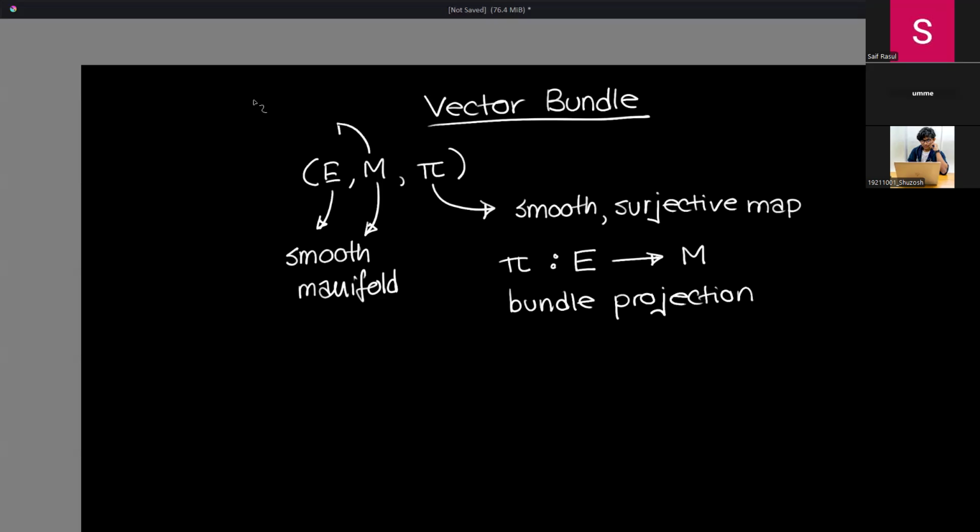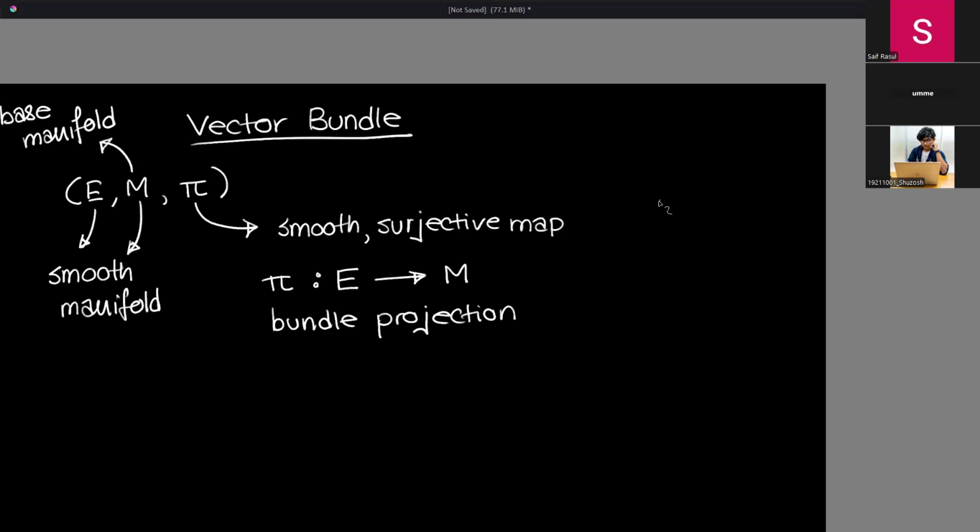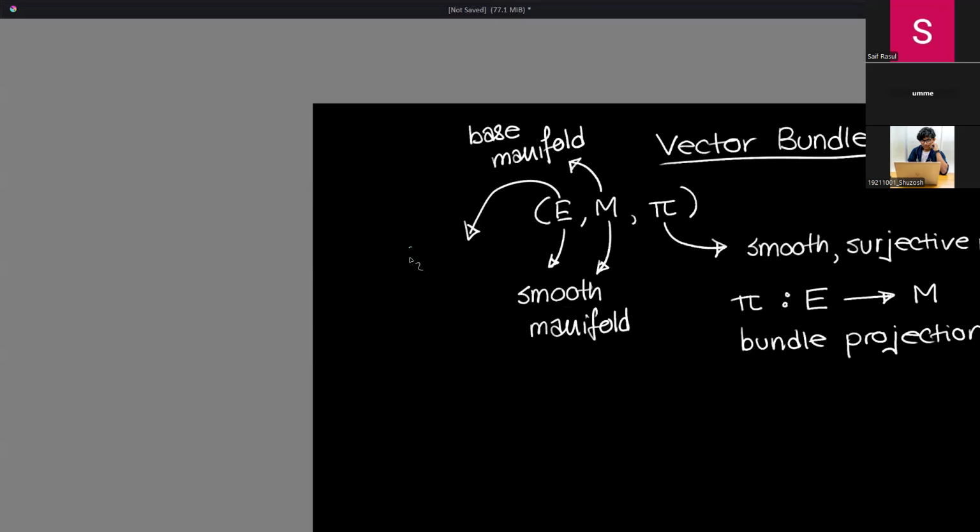M is called the base manifold because in our analogy, it's at the base of all of the fibers. So that's the base manifold. And E is the bundle space. And you'll hear people call this the vector bundle itself.